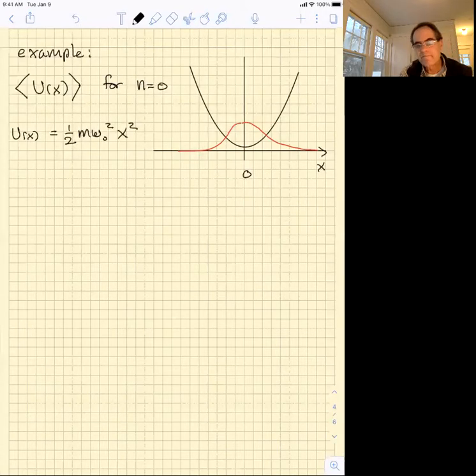So we might imagine that even though the expectation value of x is probably 0, because this is a symmetric potential, symmetric about x equals 0, the expectation value of potential energy is not going to be 0, but it's going to be larger. Well, let's see how this works.